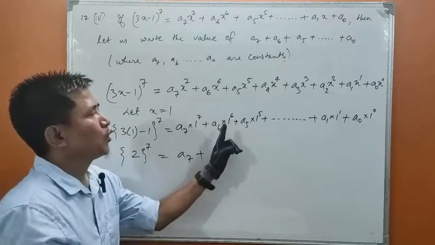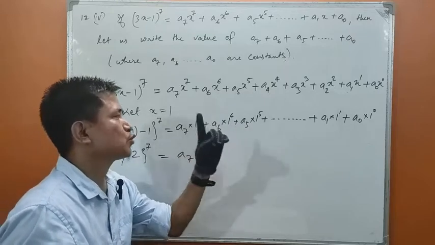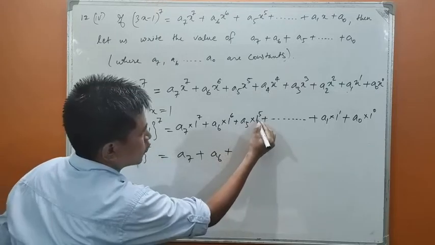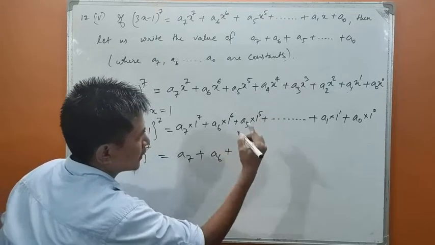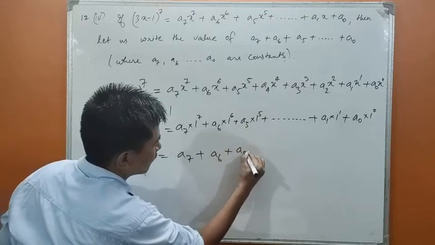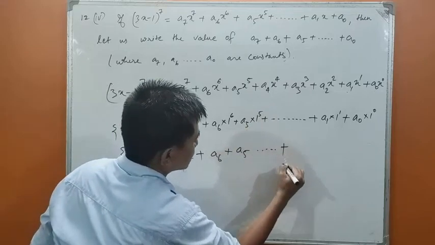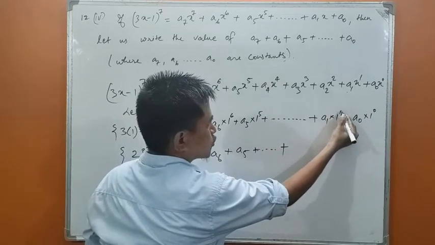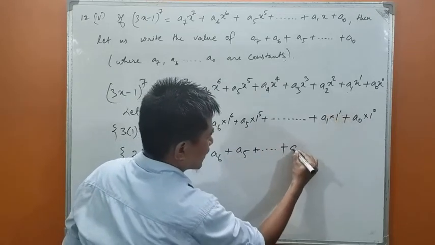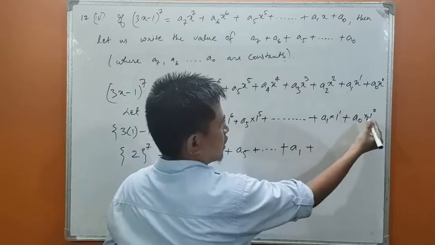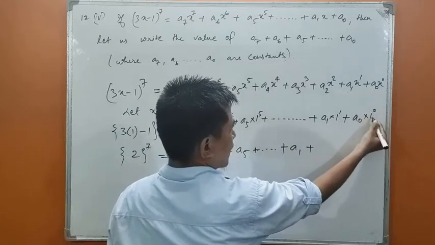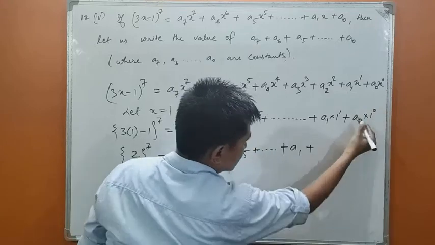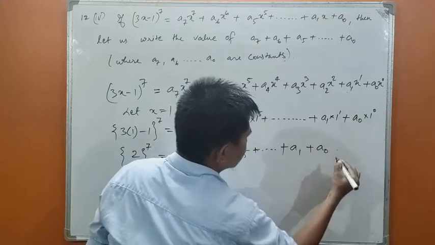Similarly, 1 multiplied 6 times, 1 into a6 is a6, plus 1 multiplied 5 times, 1 into a5 is a5, and so on, plus 1 to the power 1 means 1, 1 into a1 is a1, plus 1 to the power 0 means 1, 1 into a0 is a0, isn't it? Are you getting me?